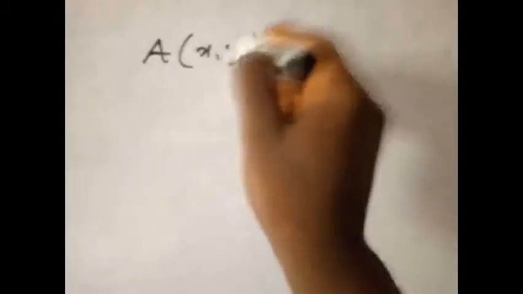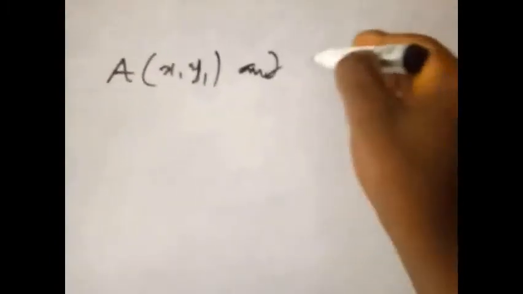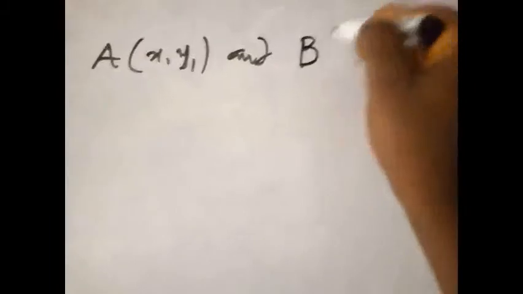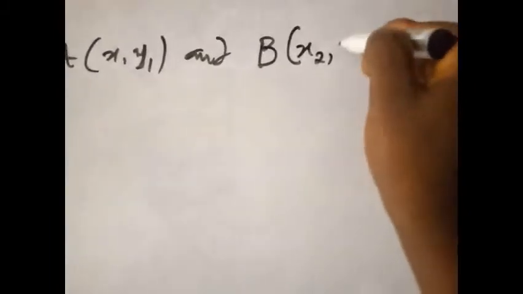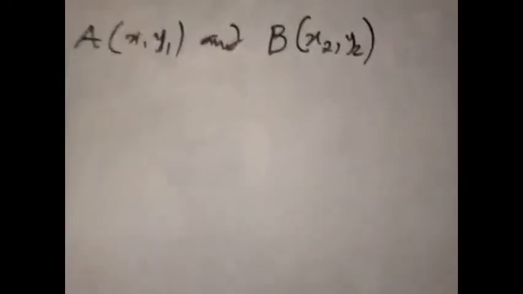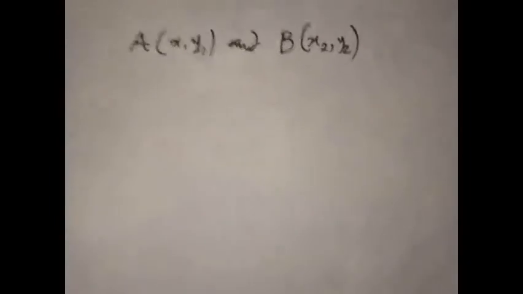Now we want to see when we are having 2 points, say point A, x1, y1, and point B, say x2, y2. Then we want to locate these 2 points.